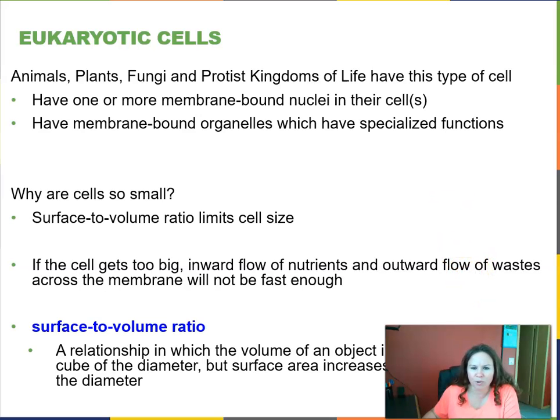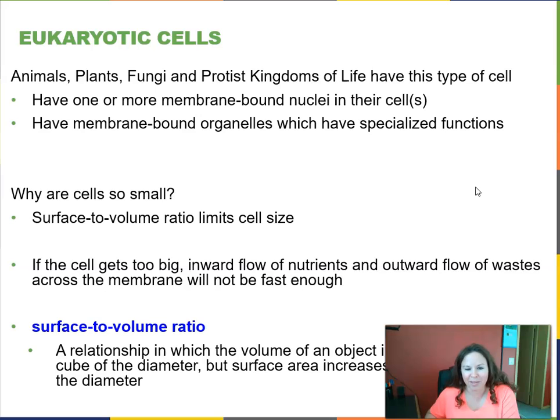How about those eukaryotic cells, though? Because that's what we have. We're animals in the animal kingdom, and we have this type of cell. So animals, plants, fungi, and protists, those four kingdoms, all have in common that they have a eukaryotic cell, and because of that we are put into the domain Eukarya because of our type of cell.